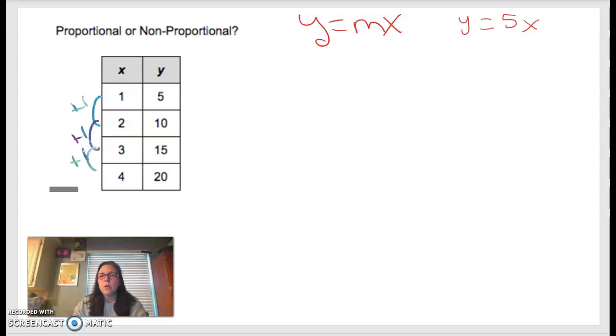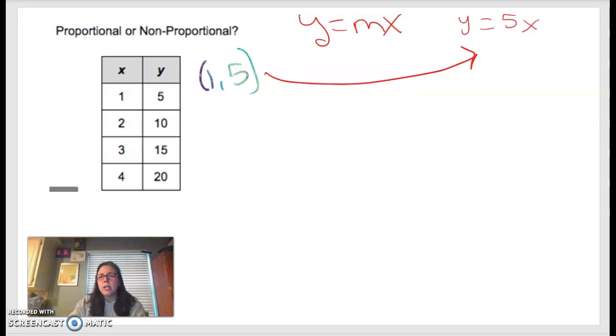So now we have this equation right here. Now you could graph that. Well, we don't know if this is the right equation yet. We're assuming it is, but we have to check to see if this is the right equation. So we have to take one of our points. We're going to just take 1, 5. Take the easiest one. And then you're going to plug it in to your equation.